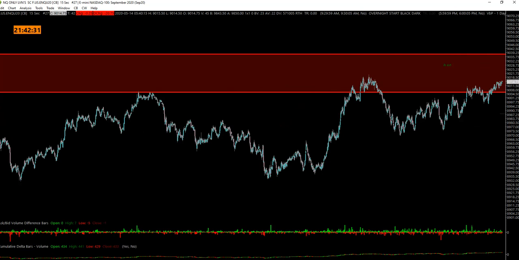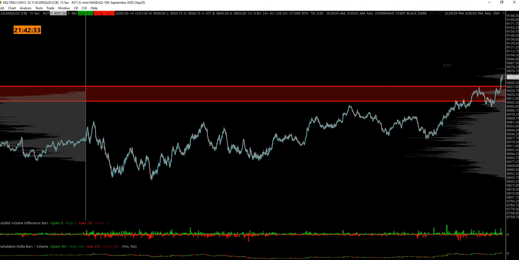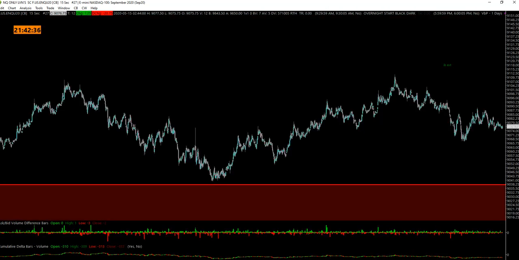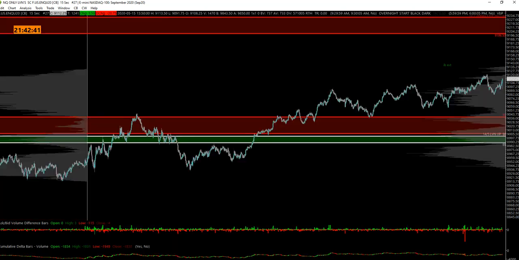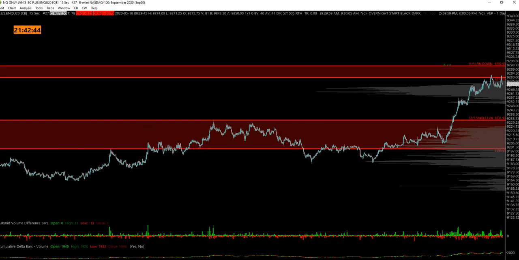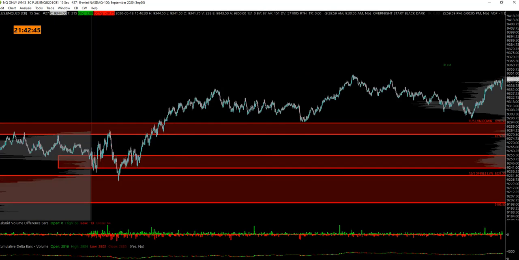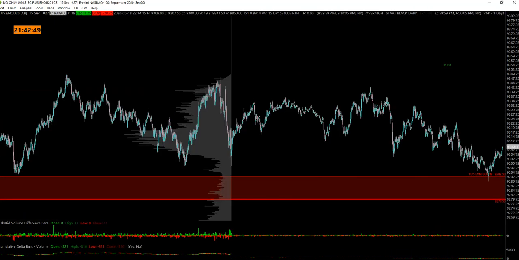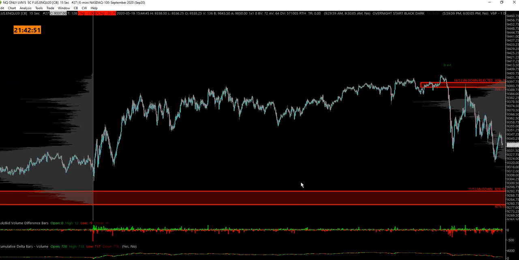It's pretty obvious, right? And then once it converts that into support, we start going up again. Same levels. You see how important these levels become. Unbelievable. Look at that. We bounce right off of them.